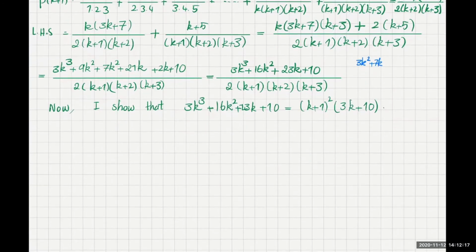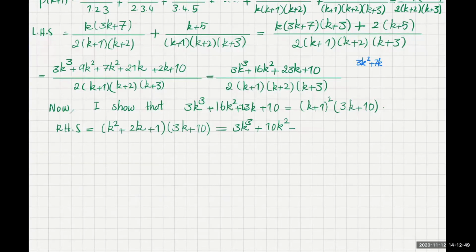So what I say is that now the right-hand side is equal to, I expand this to power 2, it becomes k squared, 2 times the first one times the second one, and the second one to power 2, multiplied by 3k plus 10. Expansion is not hard, I just multiply, but factorization is a whole new lesson itself. Okay, k squared times 3k becomes 3k cubed, and then I have 10k squared.